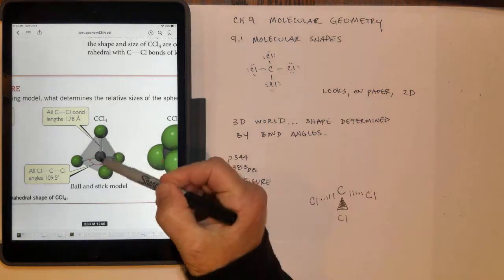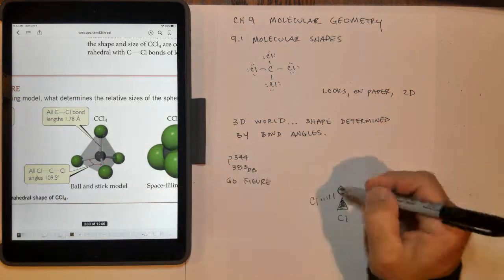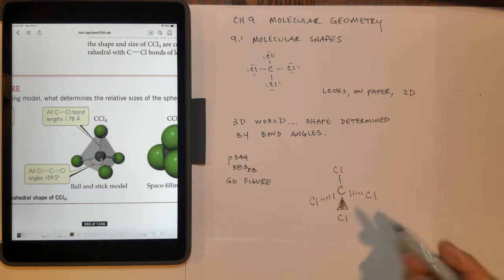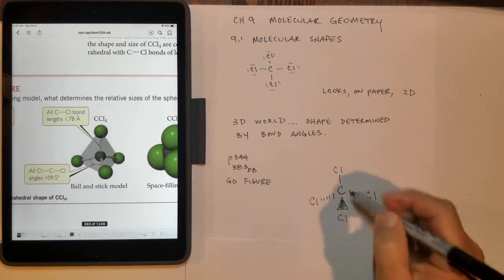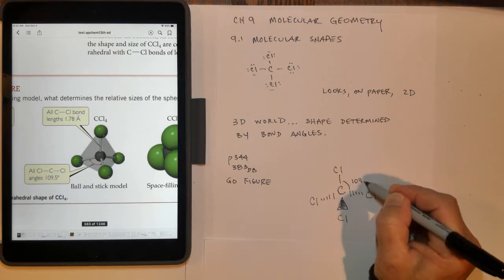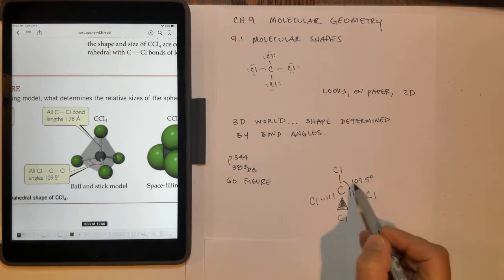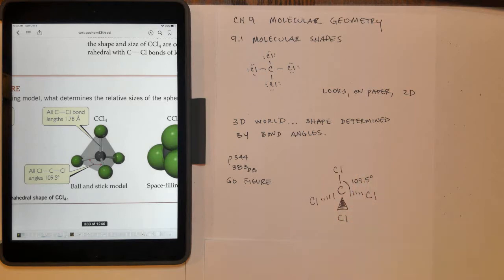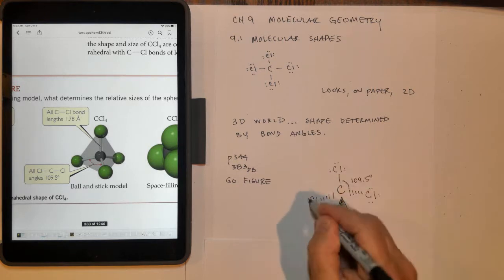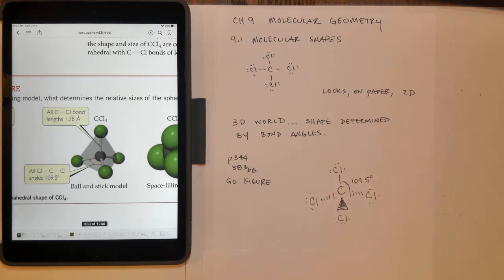And this chlorine right here is in the plane of the paper, and so that one goes just as a line, and we write it going straight up like this. So that's the 3-dimensional way of showing it, and then we could put a little bond angle right here, and we'd say it's 109.5 degrees. These angles become super critical and super important throughout this chapter. Alright, there's our 3-dimensional carbon tetrachloride.